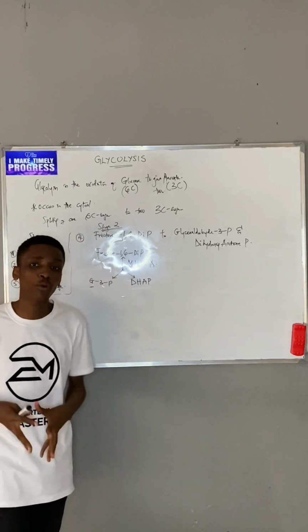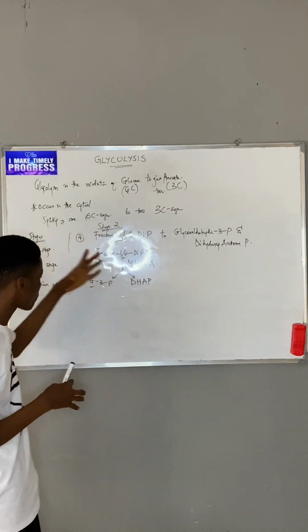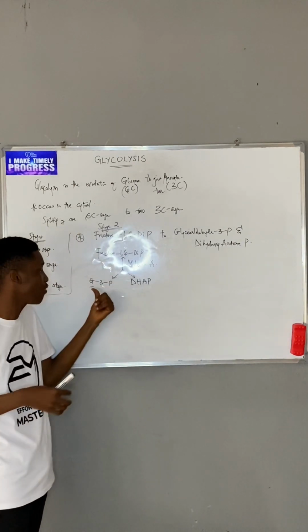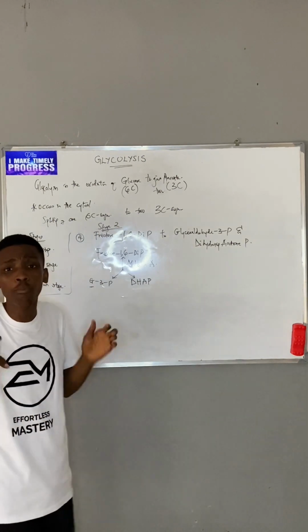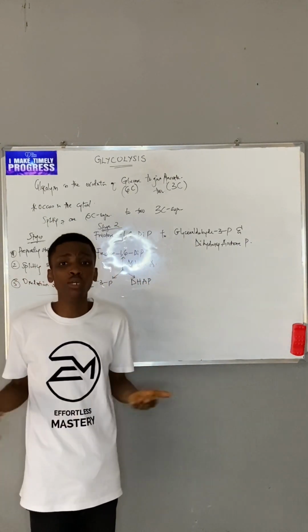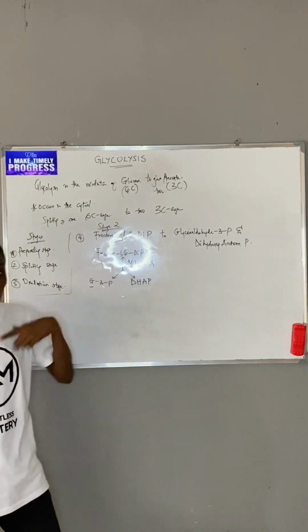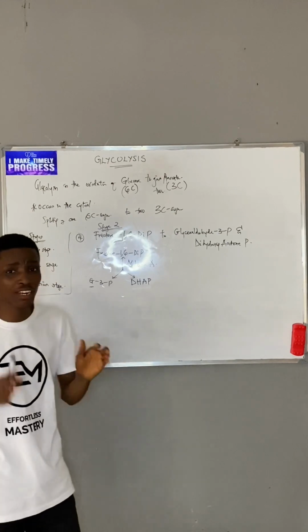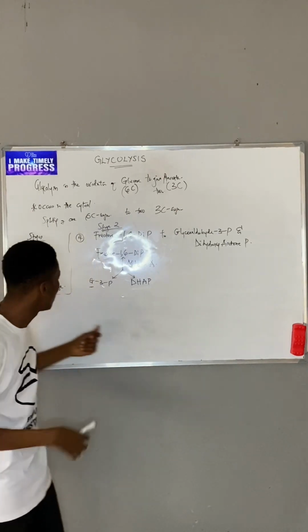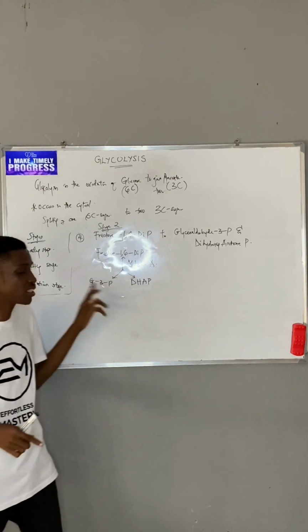And it is very important you know that in this step, yes, I understand that you are splitting into equal parts, that is, you're having G3P and DHAP, but the body produces, not just from the glycolytic pathway, but generally, more of DHAP than G3P. And the funny thing is that in the next step, as we'll learn, the one we need in stage 3 is only G3P.